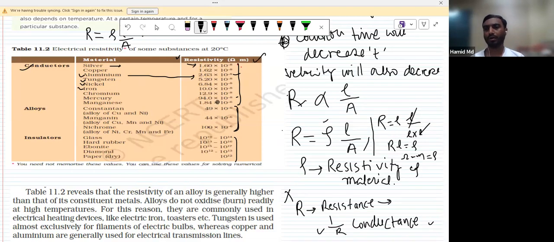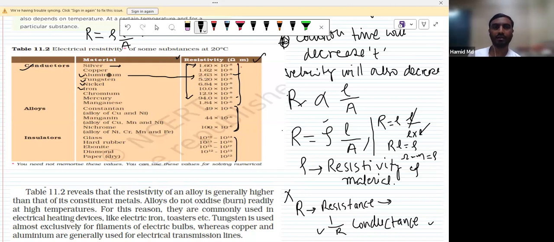You may mention it there where you have made the note. Done, sir? Okay. So see, as we come from up to down, we see that resistivity increases.